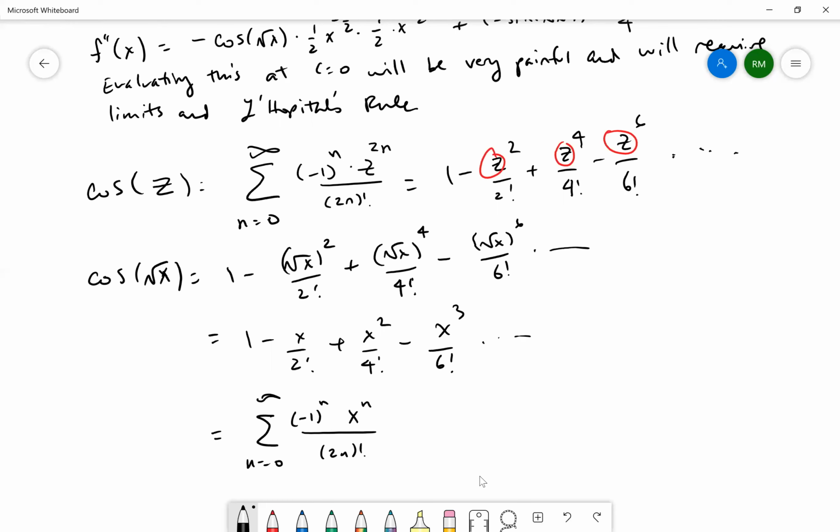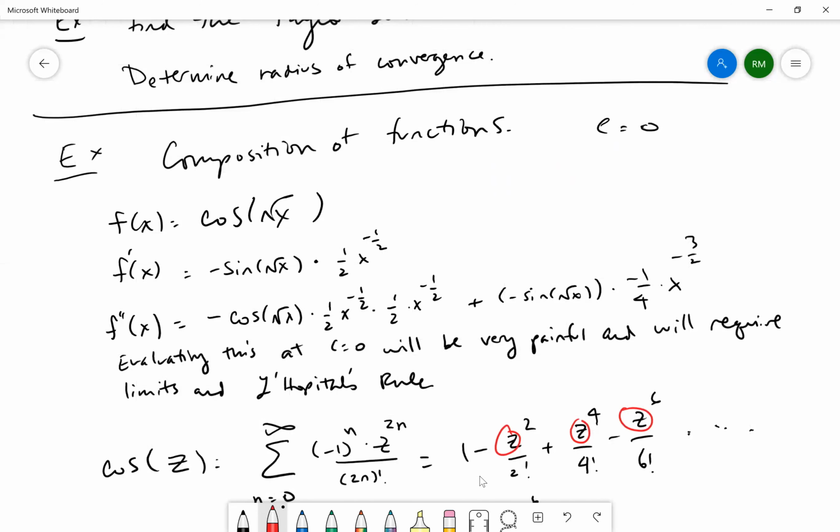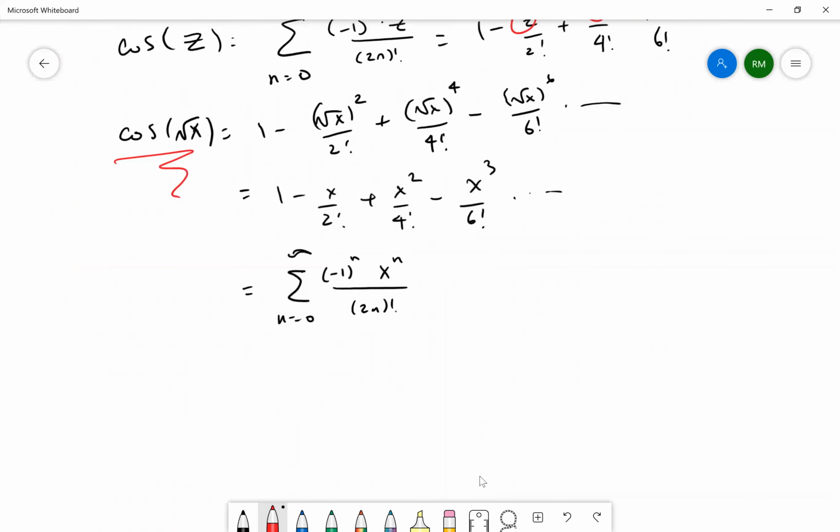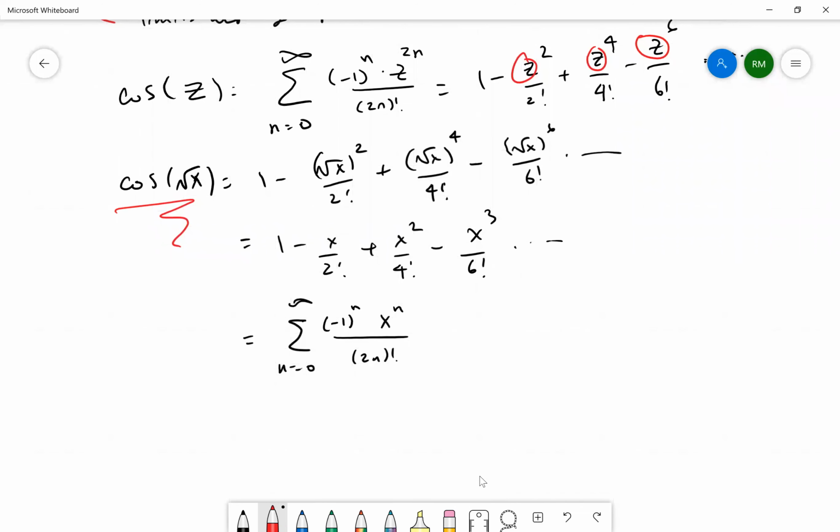And so what this allows you to do is to calculate the Taylor series of this function, the cosine of root x. Trying to do it the old-fashioned way takes forever and will be terrible. So what you're going to want to do instead is to do a substitution into the Taylor series for the cosine.